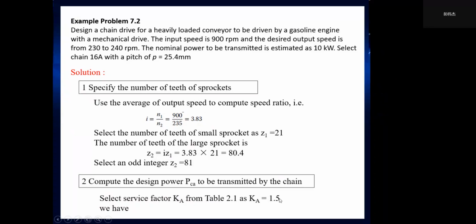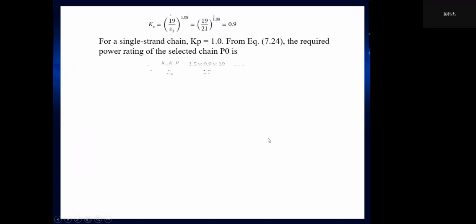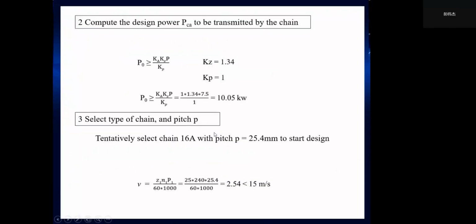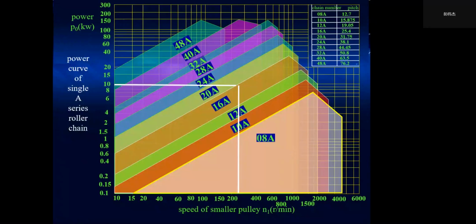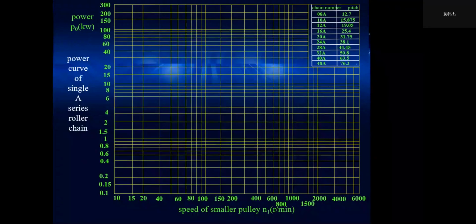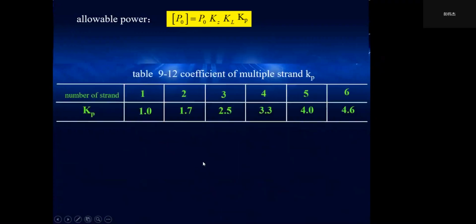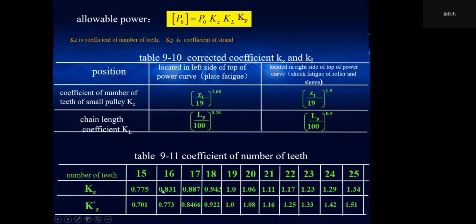KA is 1.5, and then we can calculate KZ. You also can choose KZ from a table. The value is not absolute. This is for KP and KZ.